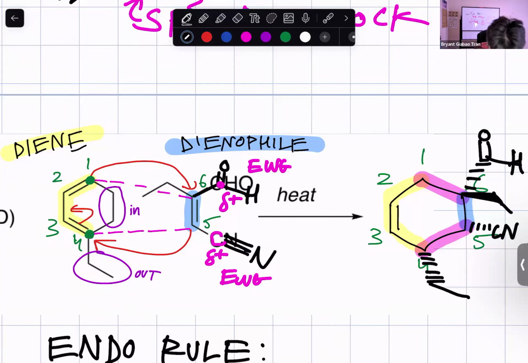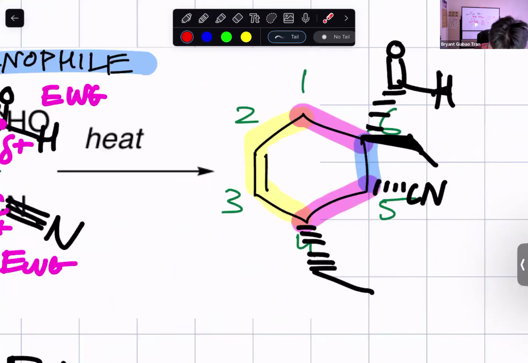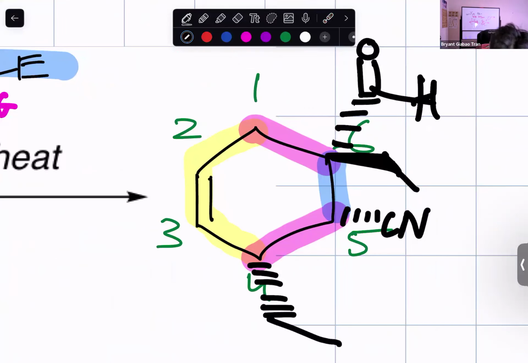Now on carbon 1 and 4, there's a CH2 connecting them, and they are in groups, right? And based on the endo rule, the in groups are trans to the EWG. So I'm gonna draw the CH2 like this. That's one CH2. This is another CH2, and that's a bond connecting them, right? This is CH2.